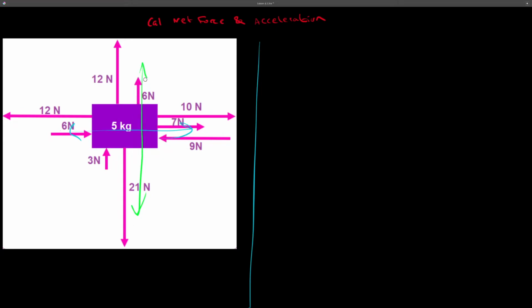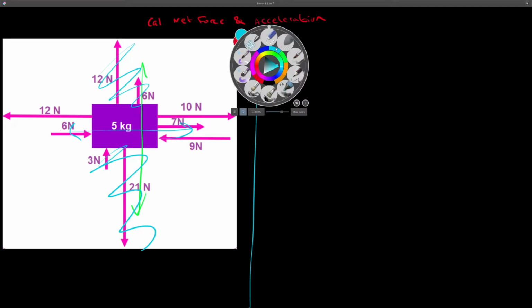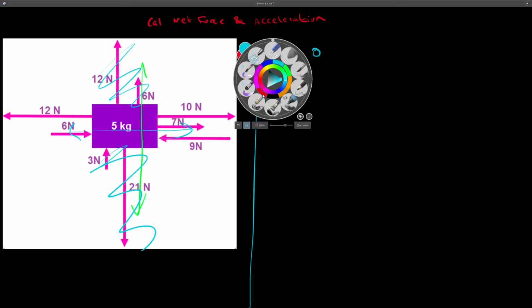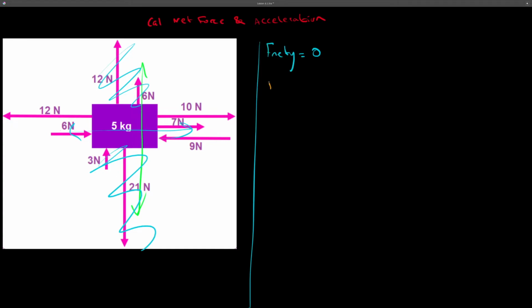So for the vertical, it's going to be 12 plus 6 plus 3 minus 21. So this is actually going to be 0. So we don't even need to consider this because it's already in equilibrium. So F net of y is equal to 0. Now for F net of x, we need to add forces here.